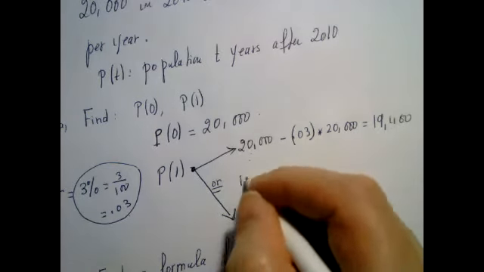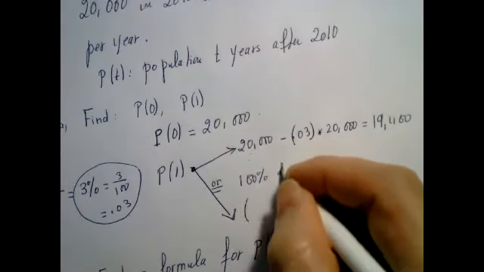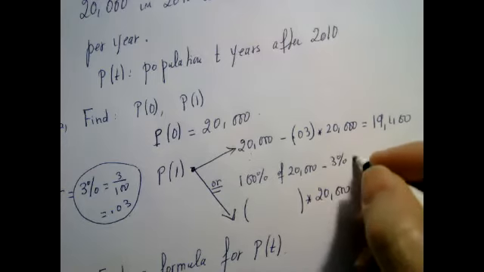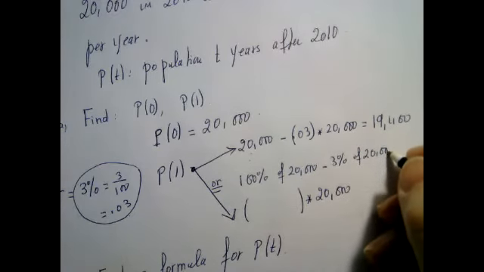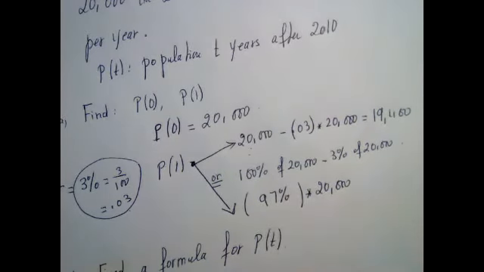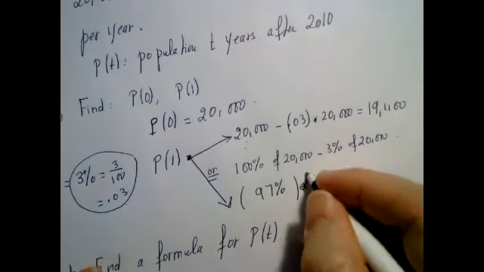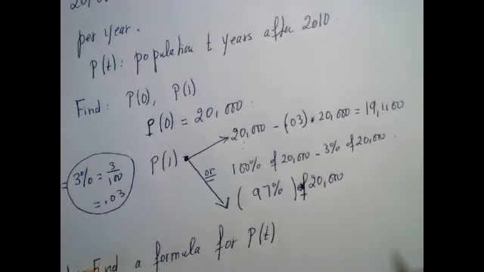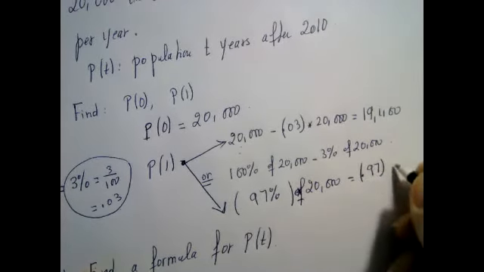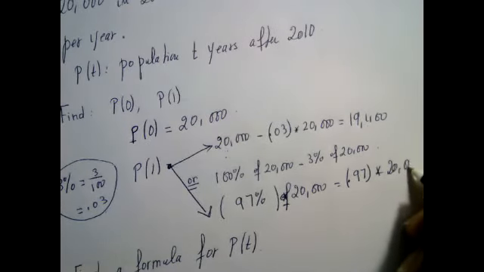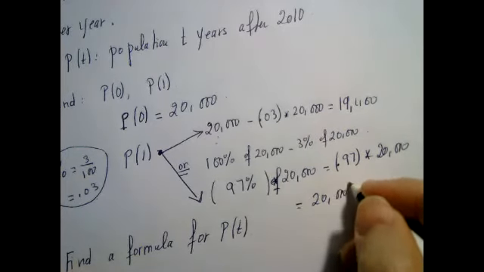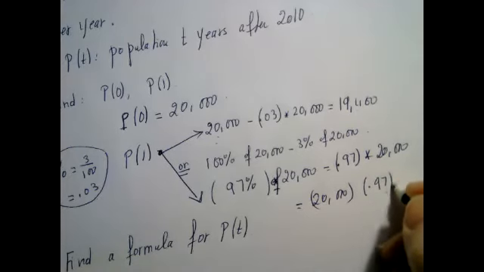Or you can think of it, it's the 100% of the 20,000, but you're taking away 3% of it. What's left is 97% of 20,000. So that's the population. But how can I find 97%? It means it's 0.97 times 20,000. Or it's 20,000, you multiply it by 0.97.